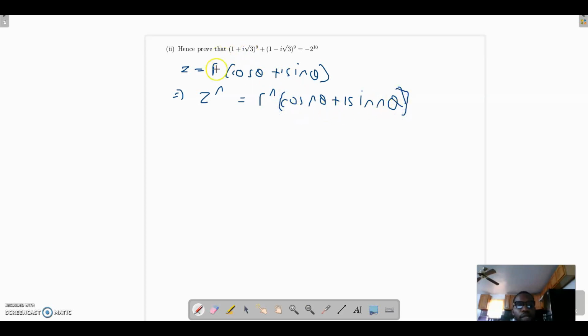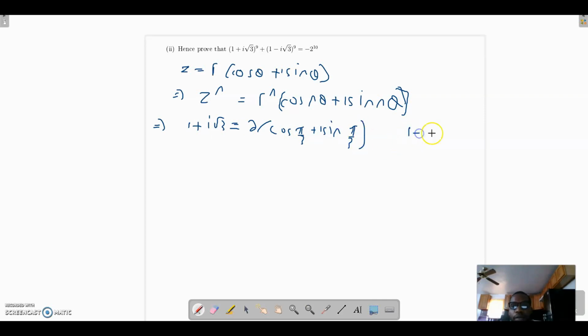So when looking at this, we know the polar form for each of these, right? We just found it. So let me go ahead and say that 1 plus i root 3 is equivalent to 2 into cos pi over 3 plus i sin pi over 3.